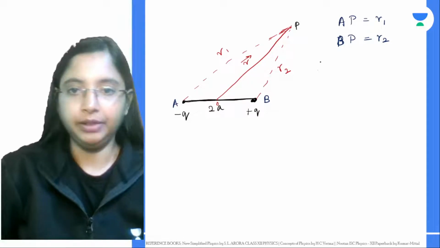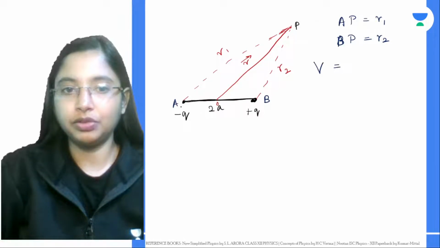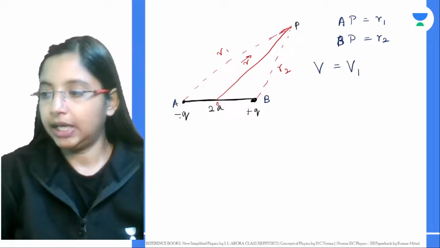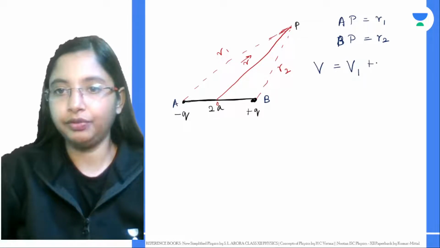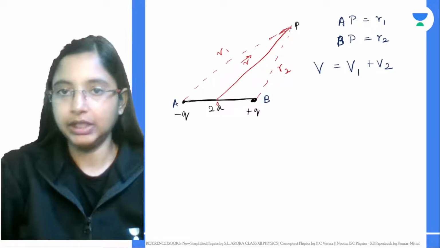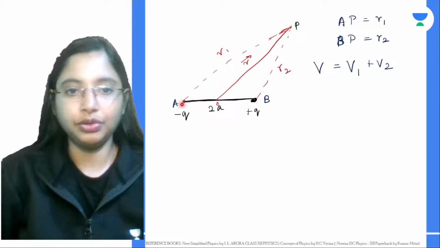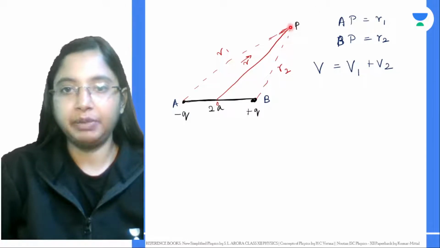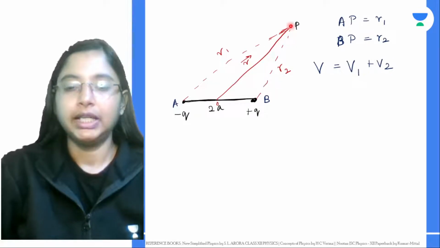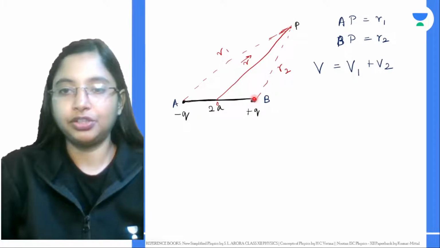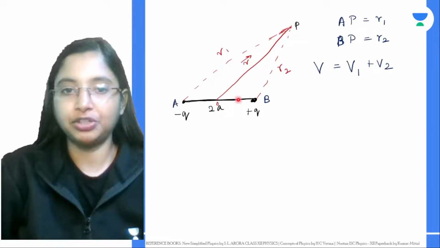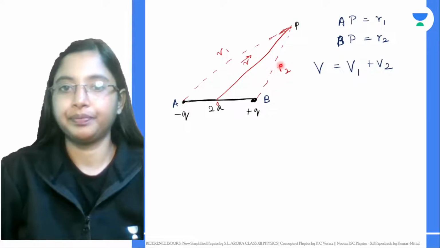That will always be the sum of the potential because of the charge minus Q, let's take that as V1, and the charge plus Q, let's take that as V2. If you want to bring a test charge from infinity to this point, since it is positive, it will be against the electrostatic force of repulsion of this charge and the electrostatic force of attraction of this charge.